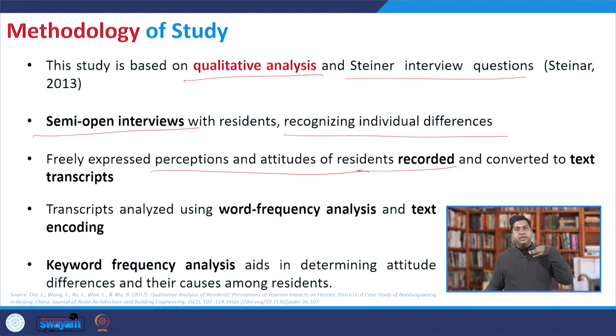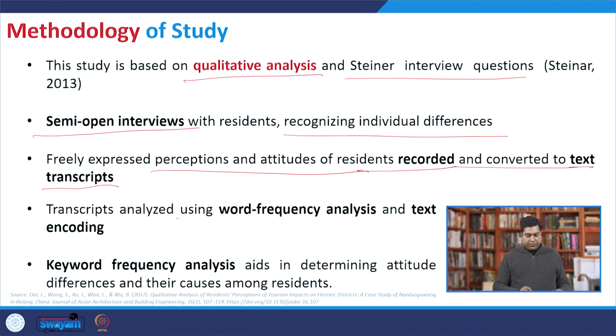In this interview process, the recorded information was finally converted to a text transcript. When I discussed the beginning of this module on the qualitative research approach, I mentioned text encoding, or maybe speech to text. So, this is somewhat what they have used in this study as well.